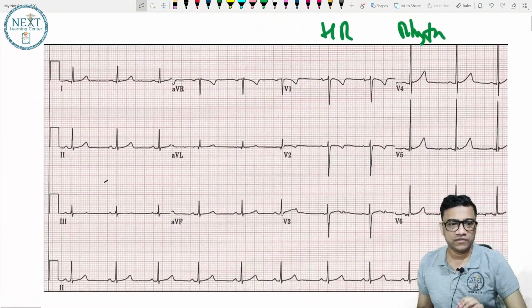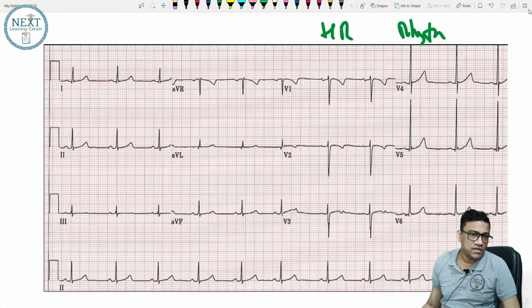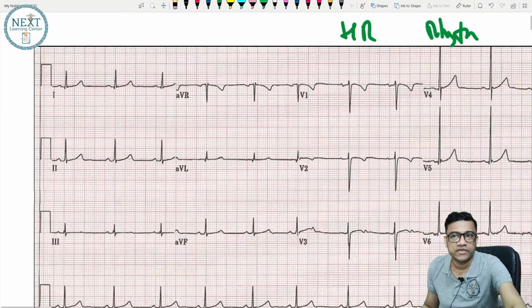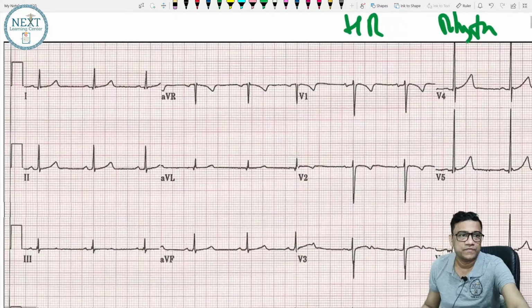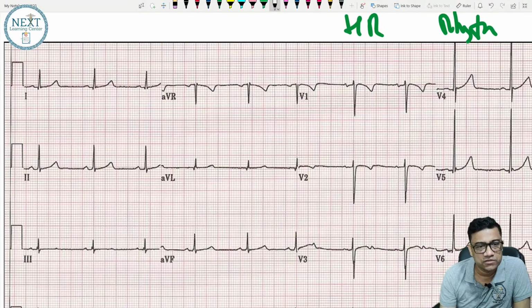How many boxes are there and what is the rate? Use lead number 2. First tell me the heart rate, then the rhythm. Let's count the boxes. These are 5, 5. So 1, 2, 3, so 5 boxes. Each box is 1 mm.